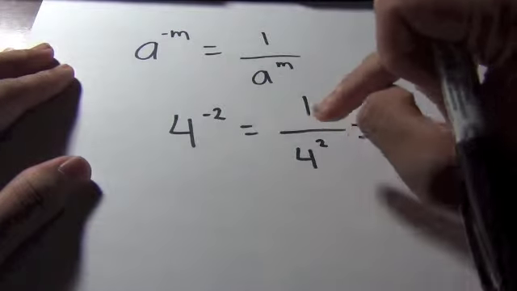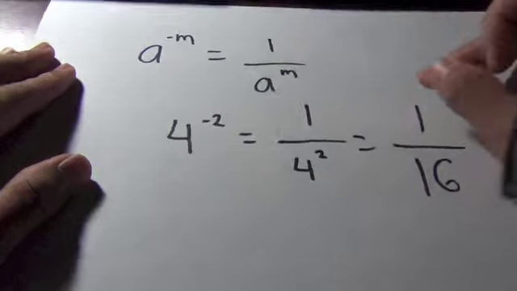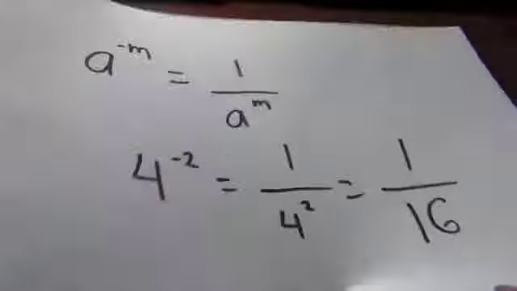So the answer of the positive exponent goes on the bottom of the 1. That's the fourth property.